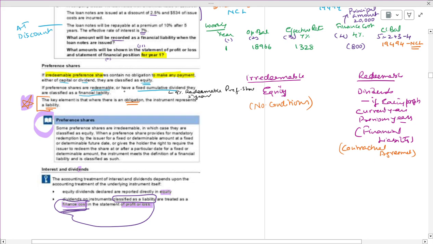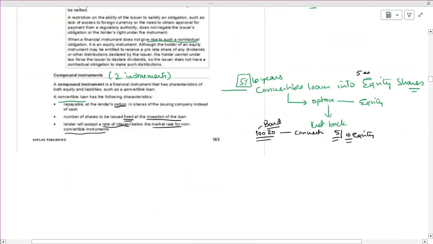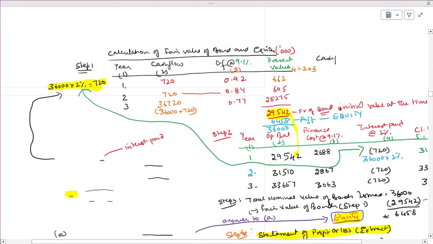If they don't say anything, just irredeemable, it is equity. If they write redeemable, it is a liability. That much small difference is there. The key element is that where there is an obligation to pay, the instrument is a liability.